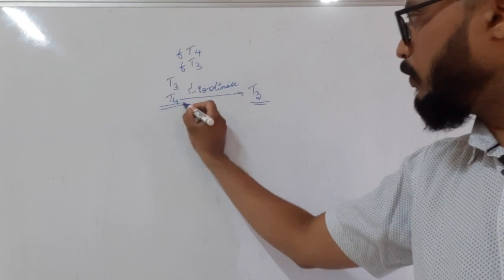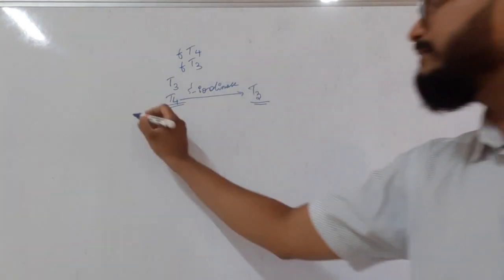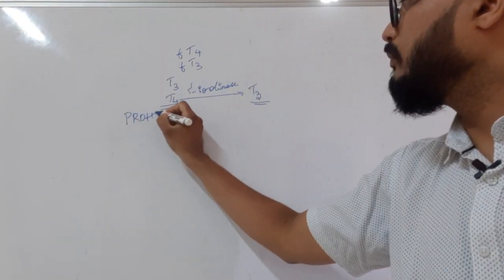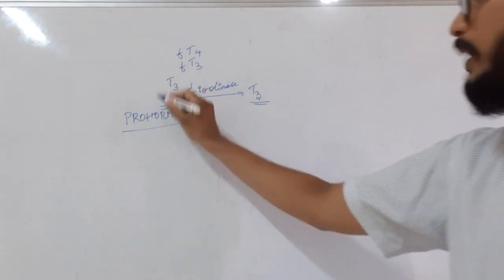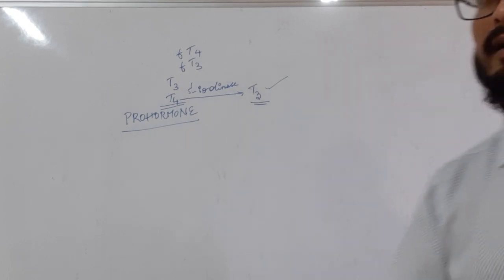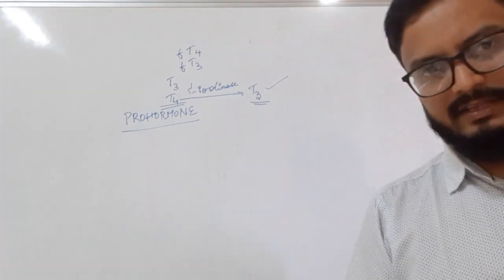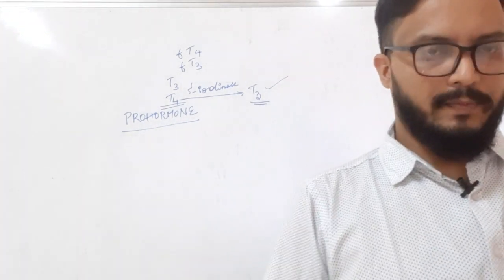Therefore, T4 is also referred to as prohormone, because much of the T4 is converted into the T3, which is the most potent and the active form.